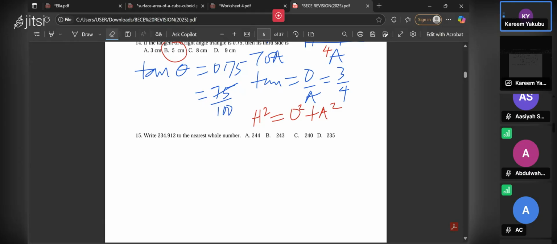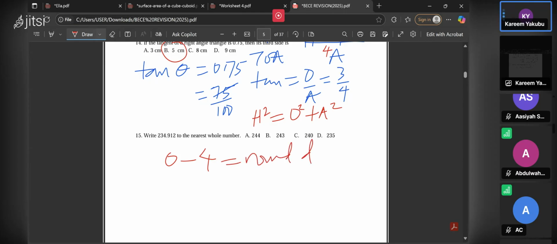So after the decimal point, we have decimals. The whole number we have is 234. The next digit after the decimal point is 9. When you are rounding a number, you need to consider two things. You check the digit after the place you want to stop. If the digit falls between 0 to 4, you round down.